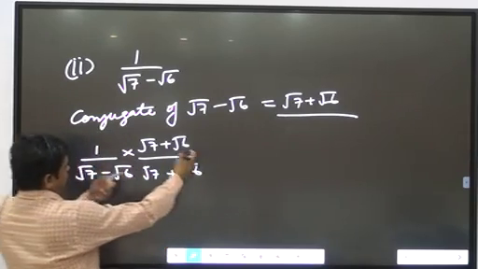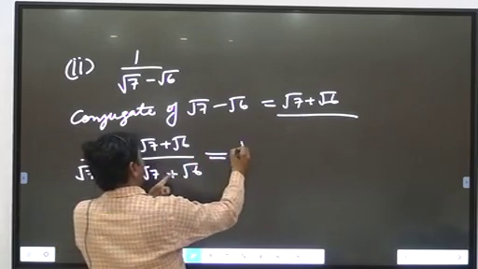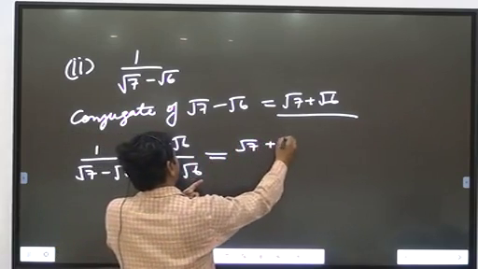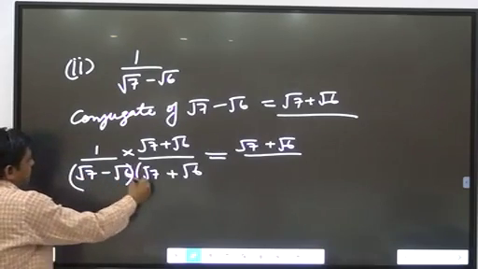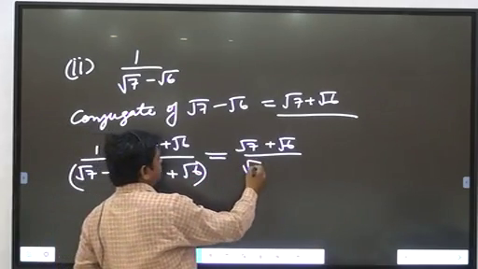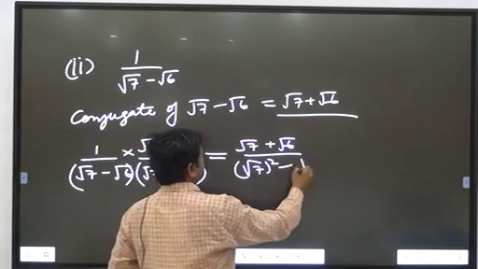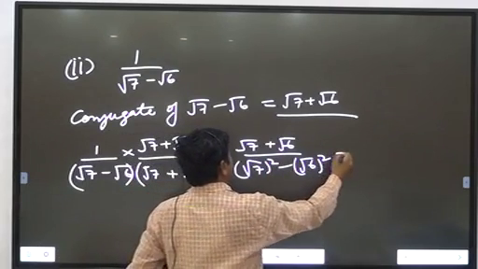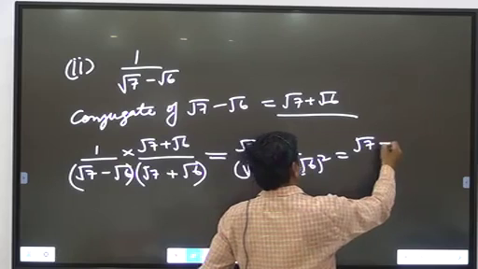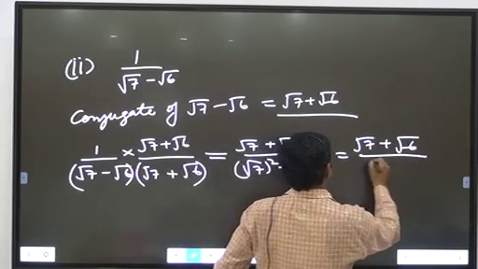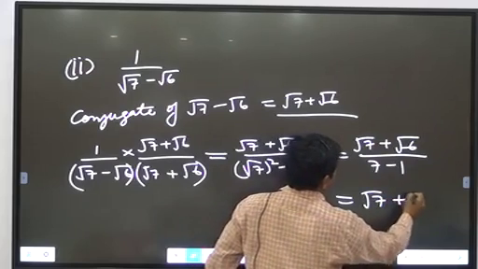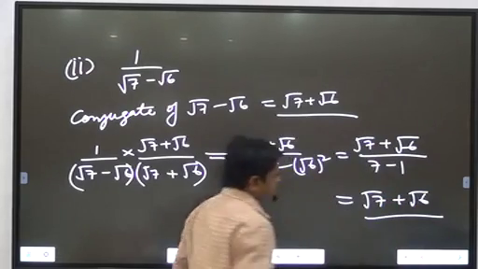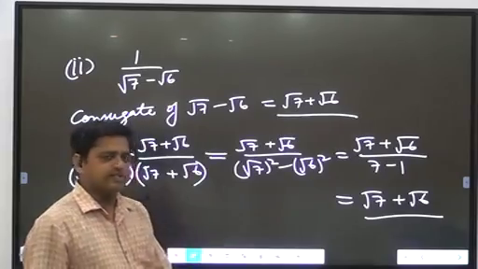So in the numerator we get under root 7 plus under root 6, and in the denominator we use the identity (a plus b)(a minus b): under root 7 square minus under root 6 square, so under root 7 plus under root 6 upon 7 minus 6, and finally we get under root 7 plus under root 6, and its denominator has become rational.